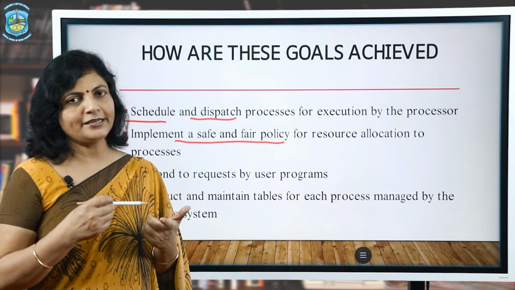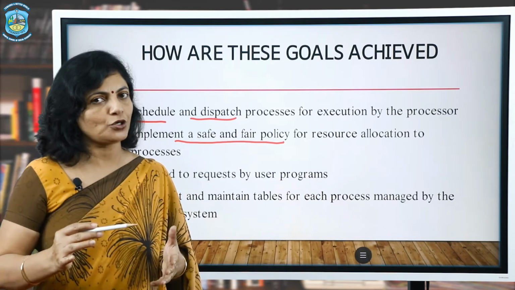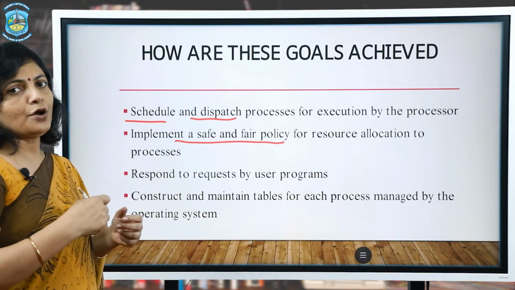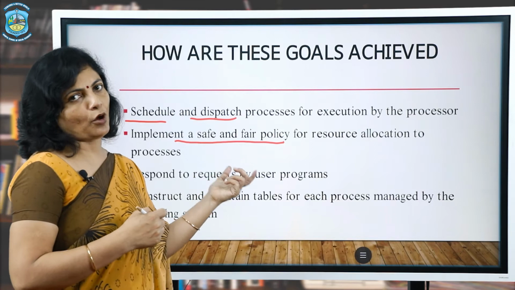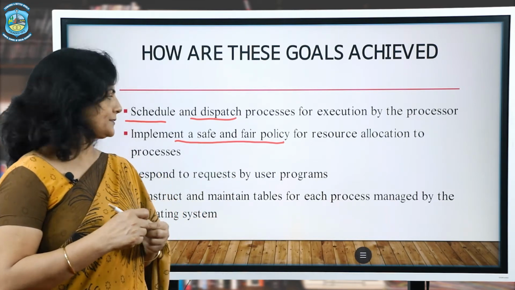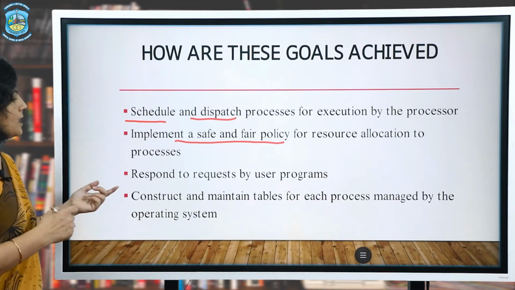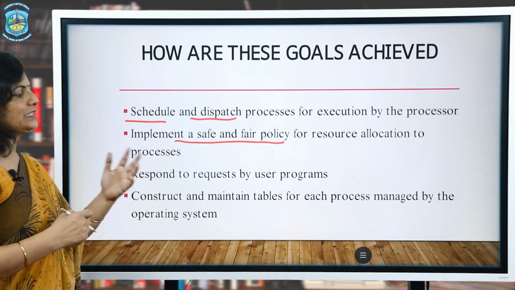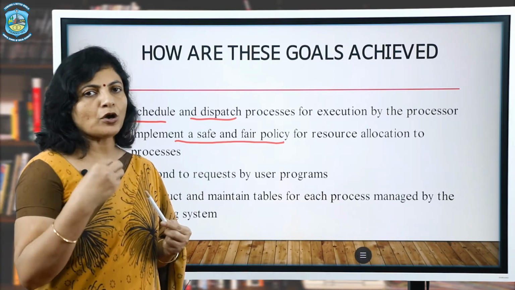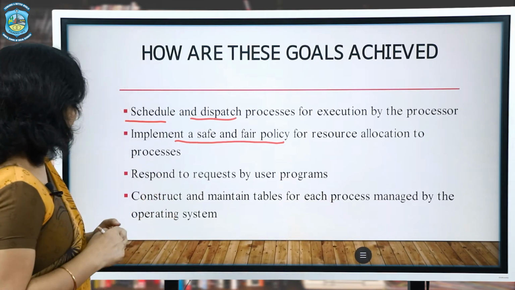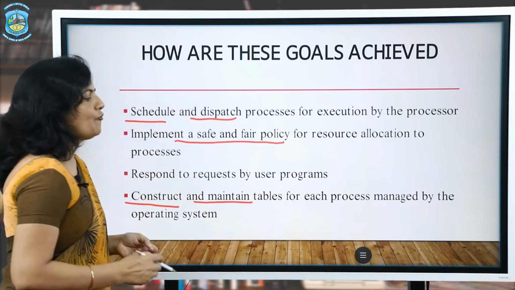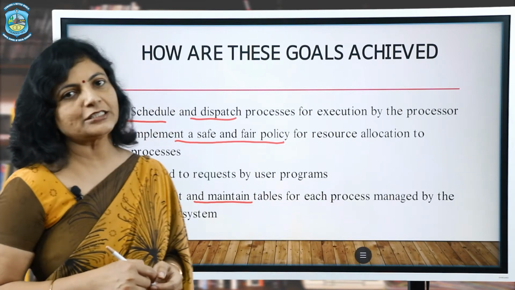As we discussed earlier, it allocates resources to the competing processes, and it also uses some scheduling policy for allocating the processor to those processes. It responds to requests by user programs.